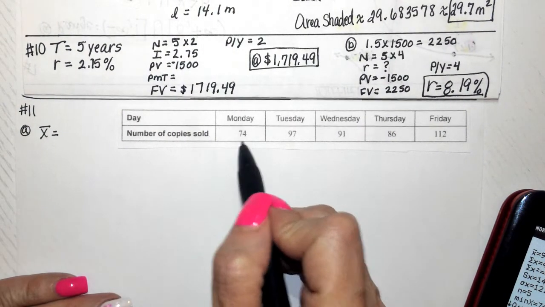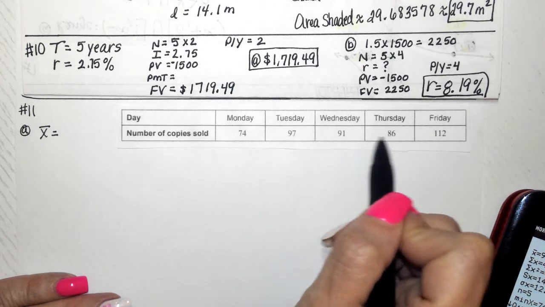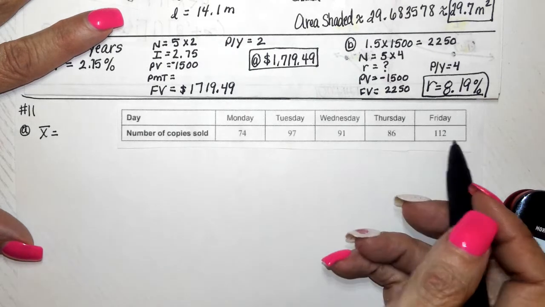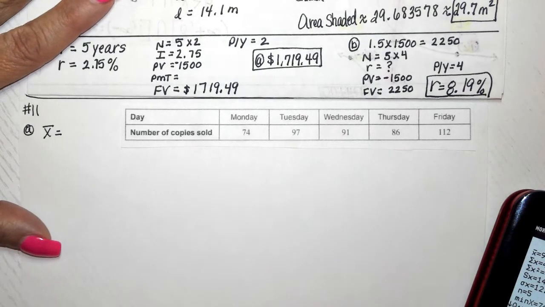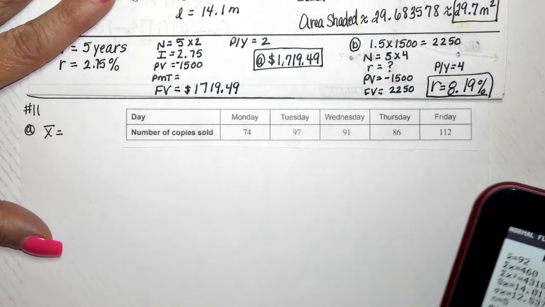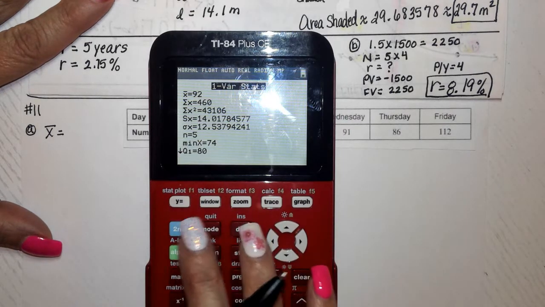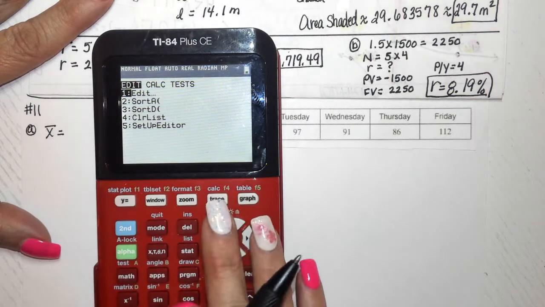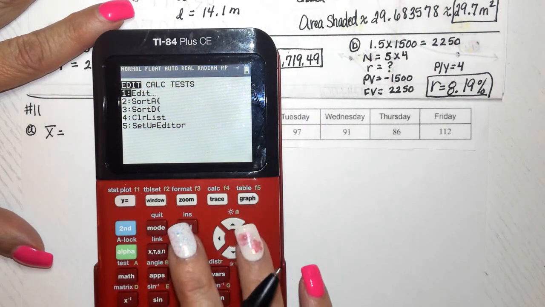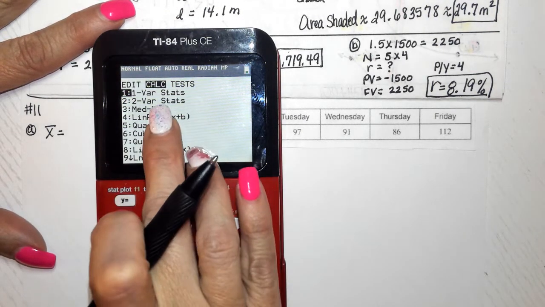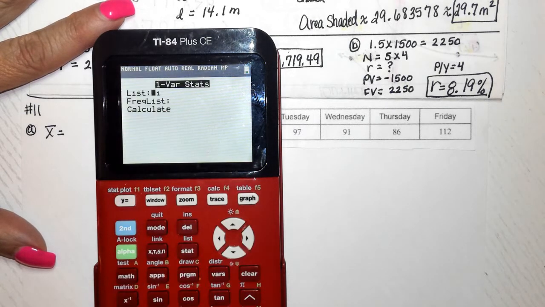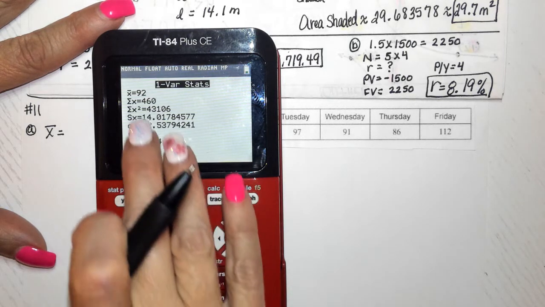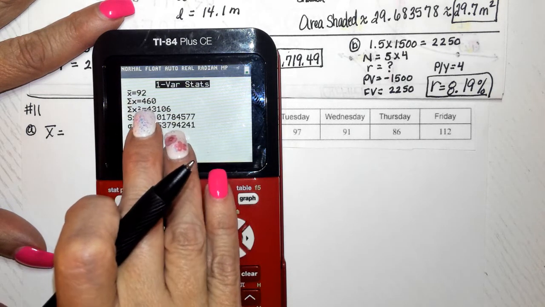So I could just add these up. 1, 2, 3, 4, 5. And so it might be easier just to average them. I was kind of lazy just then. What I did was I went to my calculator, and I know from statistics, I've done it enough, that if I just do one variable statistics in L1, because that's where all my data is, X bar is the average.